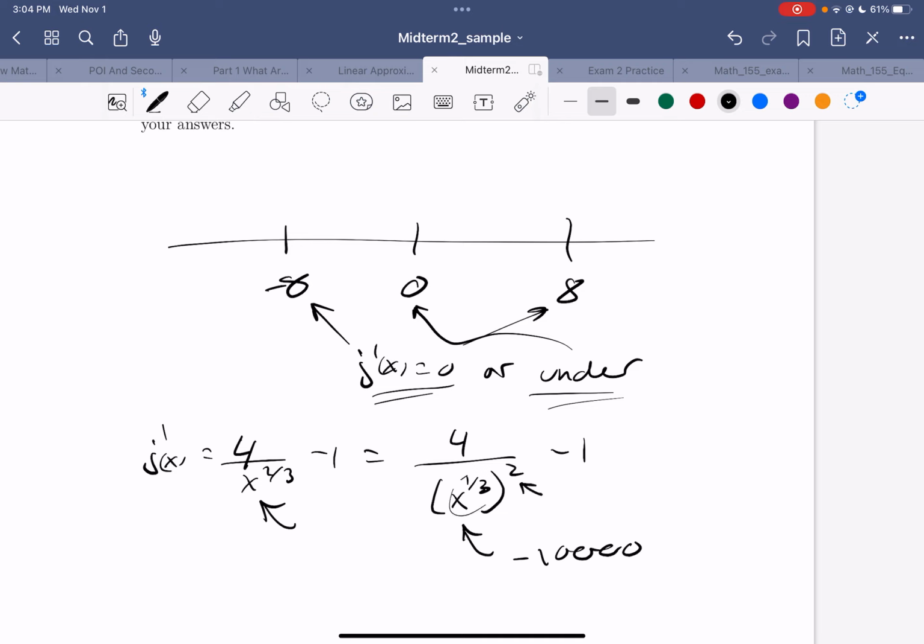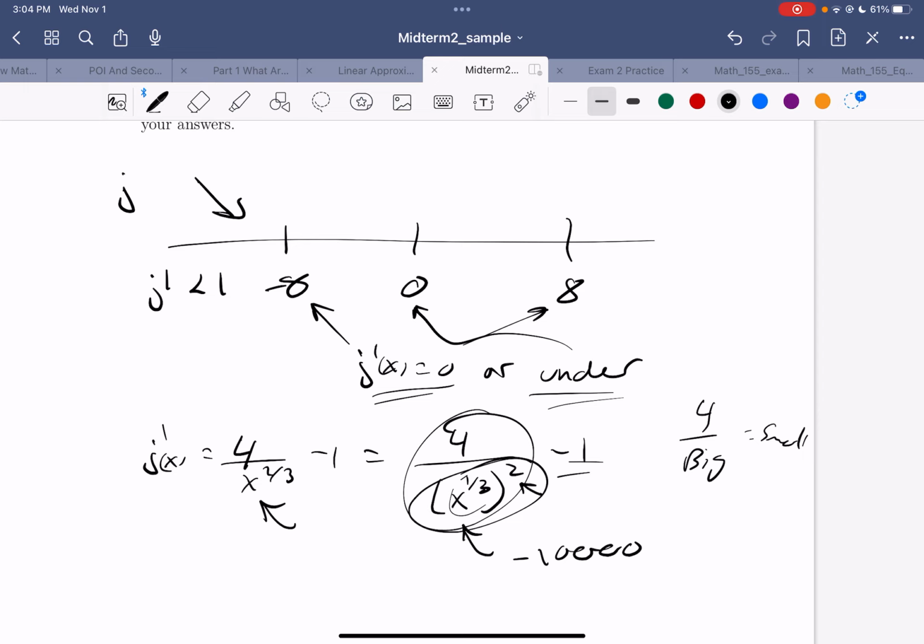Yeah, you take the cube root, but you're squaring it. So this thing here is positive, and in fact, it's a tiny positive number because we're making the denominator really big. 4 over something really big is something really small. So a small number minus 1 is a negative number. So over here, j prime is negative, which means j, the original function, is going downhill.